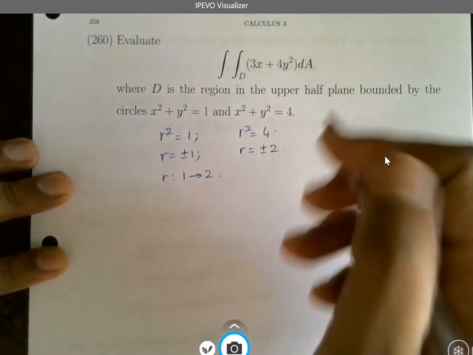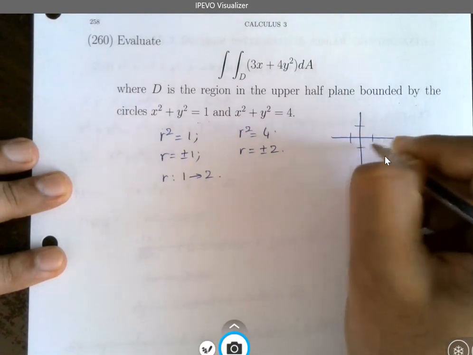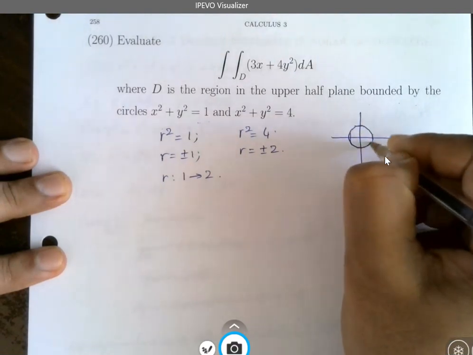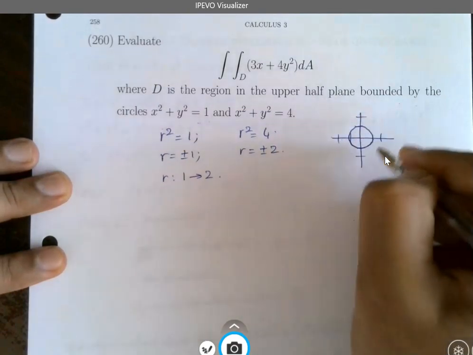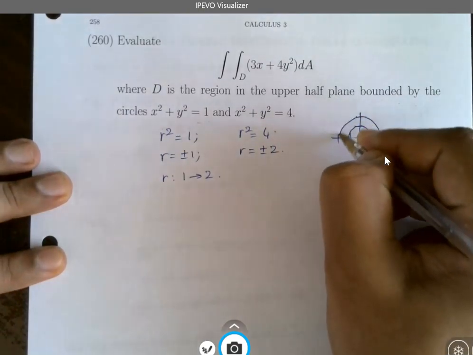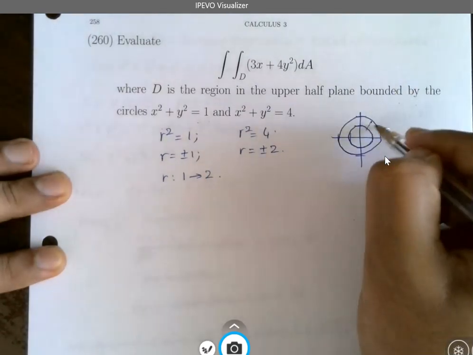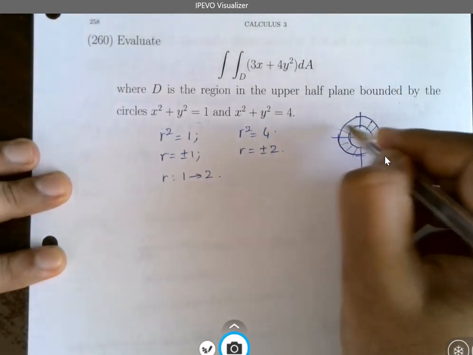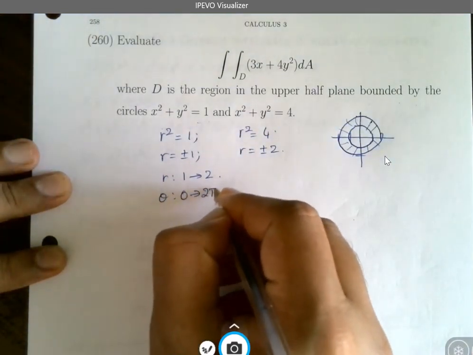Circles means you're in that space, so your theta is really varying from 0 to 2 pi. That's what I want you to understand.